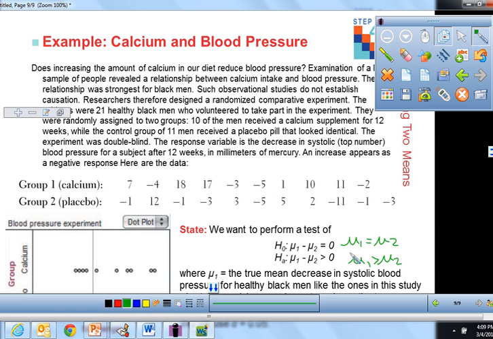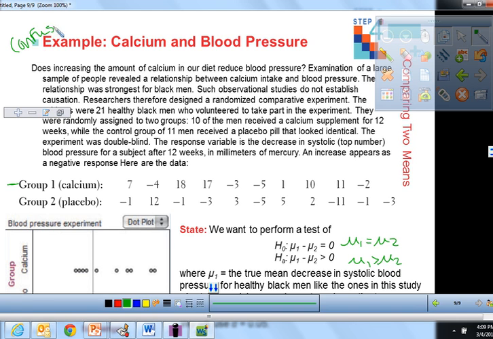We want a decrease in blood pressure, and a decrease means a higher number. I know that's confusing, but according to the study, they're going to have a higher number if they decrease their blood pressure, which is what we think calcium does. So we want the mean of group 1 to be higher than the mean of group 2. This is a really confusing problem as far as setting it up, and just know that they'll mess with your brain like that.